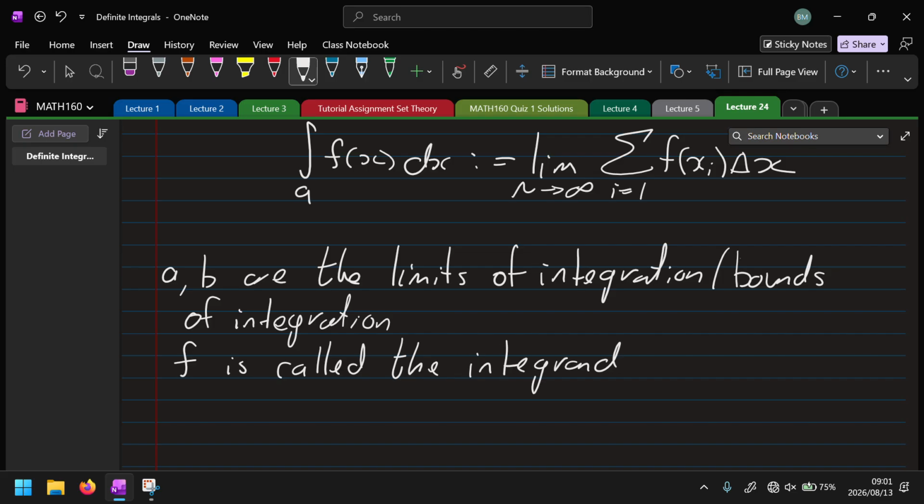It's just the special name. So if you put f inside an integral, we then call it an integrand. The dx over there, like I said before, is just a differential, like we had with the dx and the dy and the du. Same thing, it's a differential.